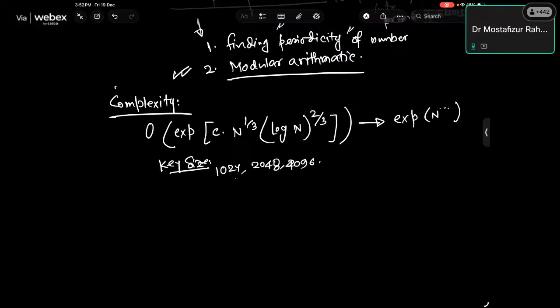If I write the cipher key size, the security key size, as 2 power 10, 2 power 11, 2 power 12, then on the classical side it is exponential power of n to the power something. And e to the power of this number is big. You can easily check that it's a very big number to break this into prime numbers.